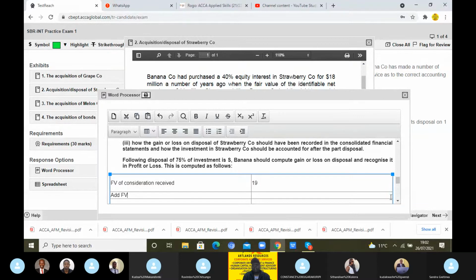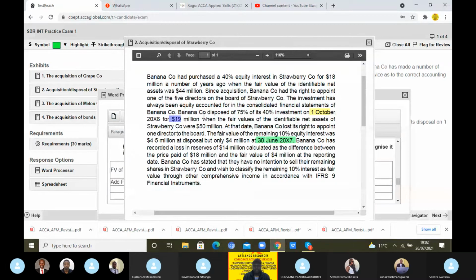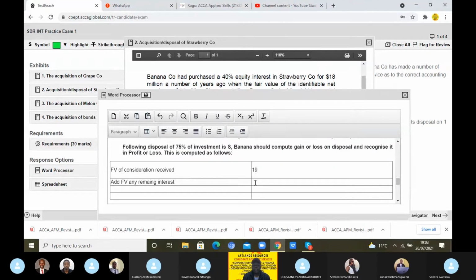Any remaining interest is given by the examiner. They are saying the remaining interest was 4.5 million. You come to your word processor, you put 4.5 million.